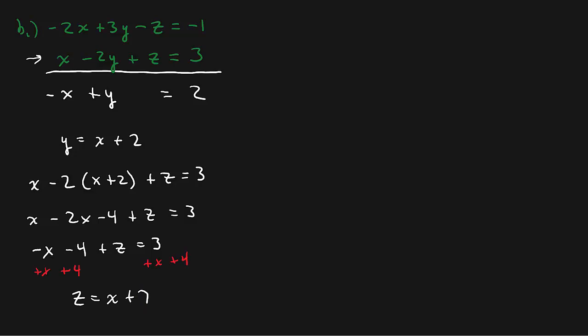All right. So let's see how we write this solution. There's a couple of ways that we can write this. Our solution is going to be in terms of x, because you can see I've got y in terms of x and I've got z in terms of x. So x is going to be any real number. So my solution set would be x.